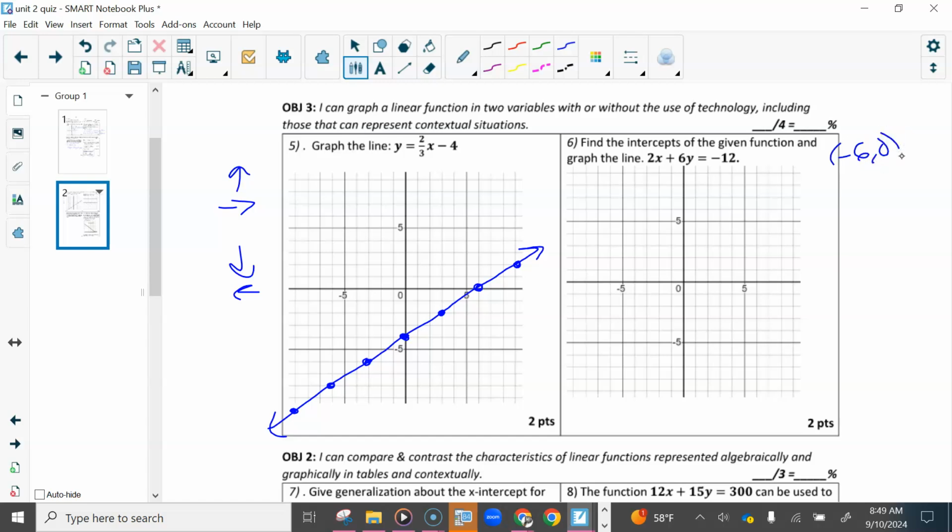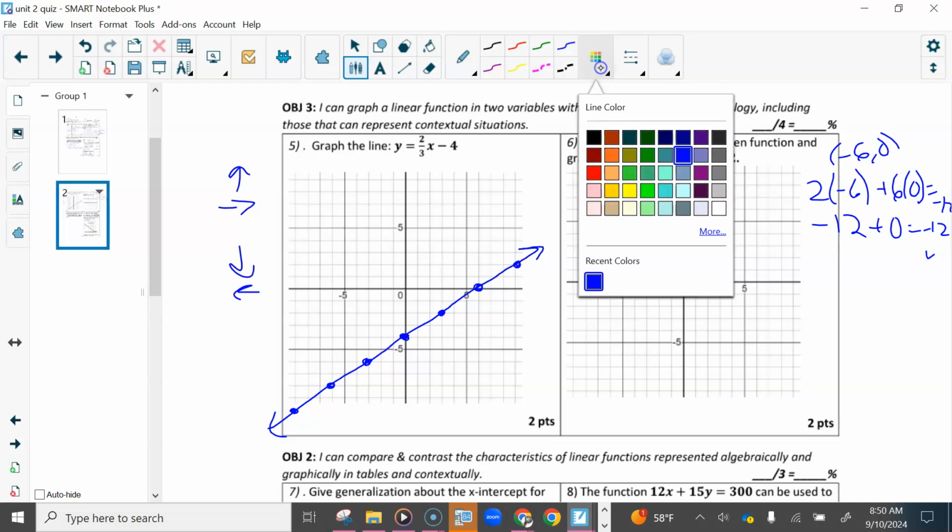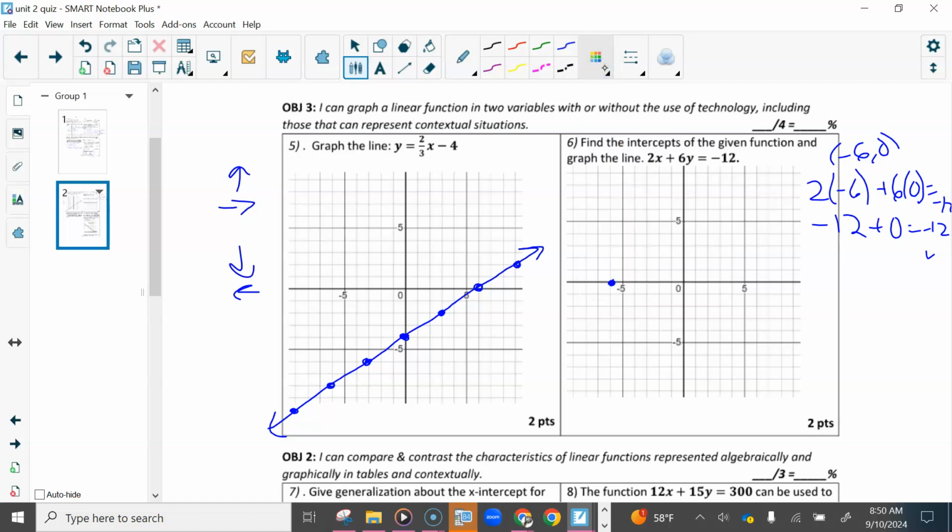I'm going to put that in, 2 times -6 plus 6 times 0. And then I do get -12 plus 0 equals -12, which is a true statement. So I know that is one of my intercepts, -6, 0. And then I'm going to solve for my y-intercept by putting 0 in for x.